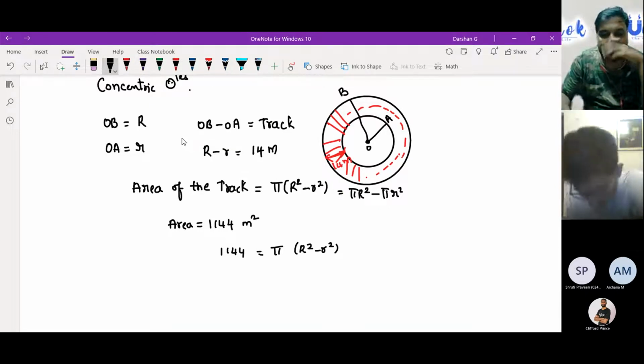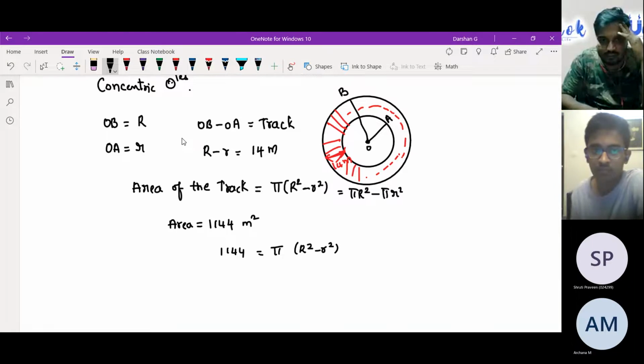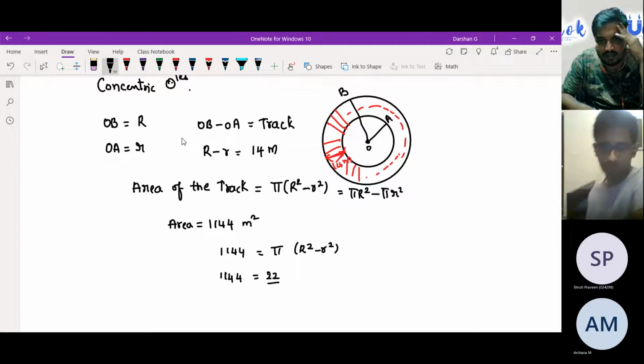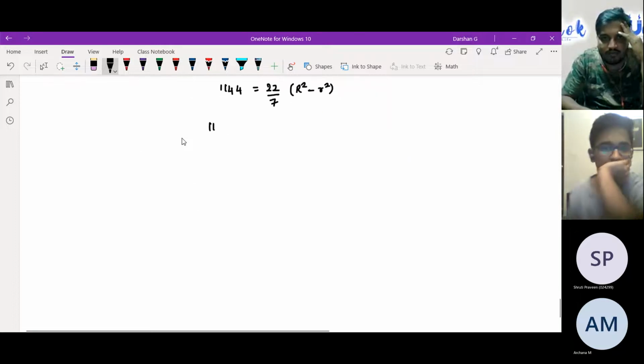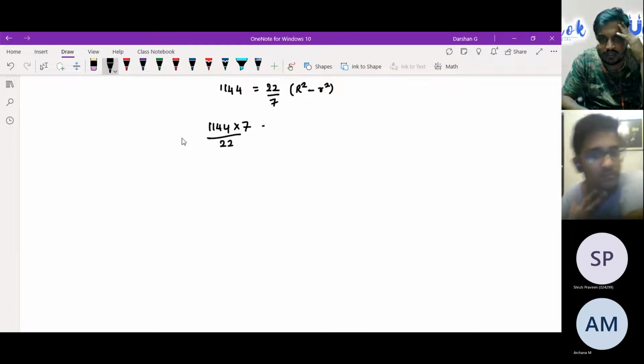Pi, I'll take it as 22 by 7. So 1144 equals 22 divided by 7 into R square minus r square. Multiply 1144 into 7 divided by 22. That is equal to R square minus r square.